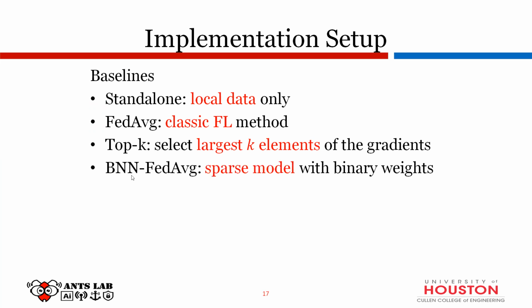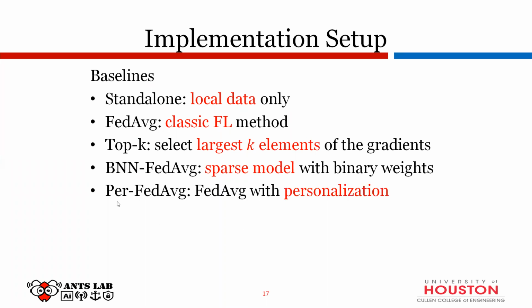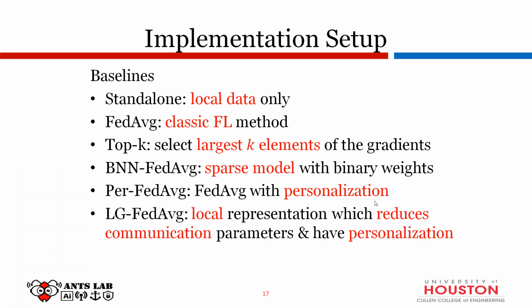And the binary neural network FedAvg, where they do the training with only a binary neural network, so it's very small. And this is the personalized federated averaging. So this is pretty much with their personalization.